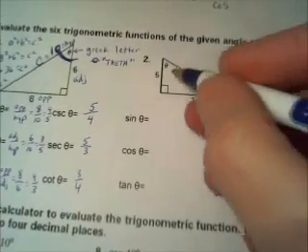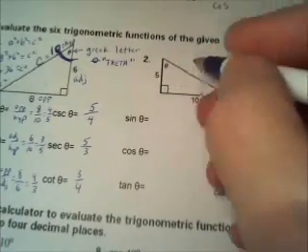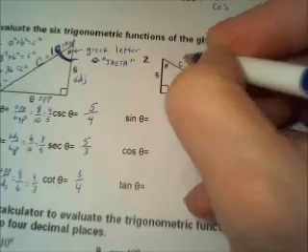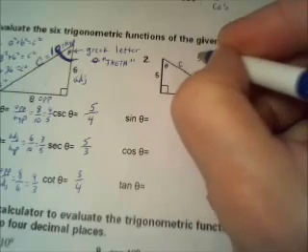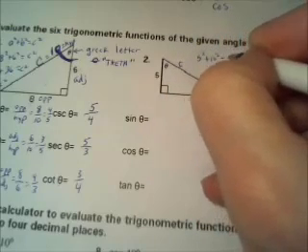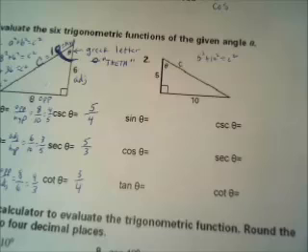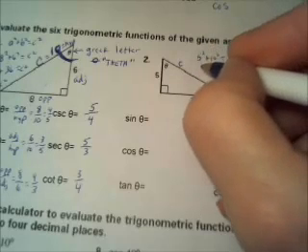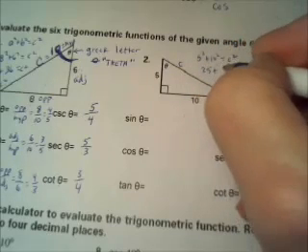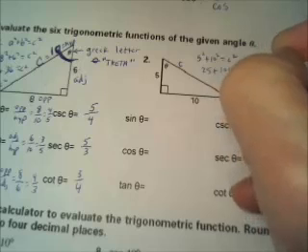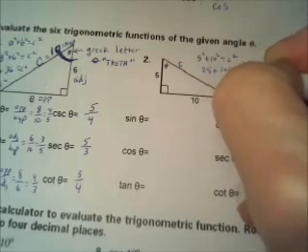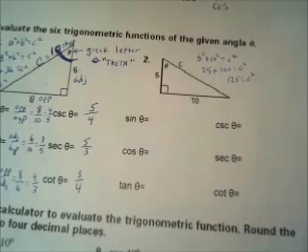Example number 2. We have a 5 and a 10, and we don't know what c is. C is the hypotenuse. 5 squared plus 10 squared equals c squared, Pythagorean theorem. 5 squared is 25. 10 squared is 100. 125 is c squared.